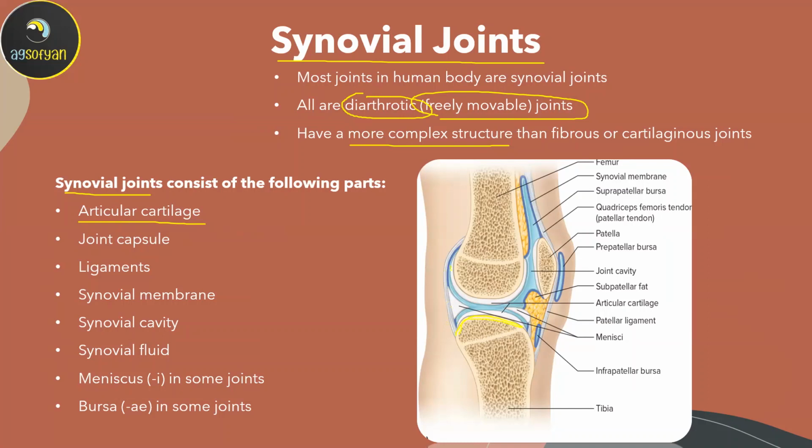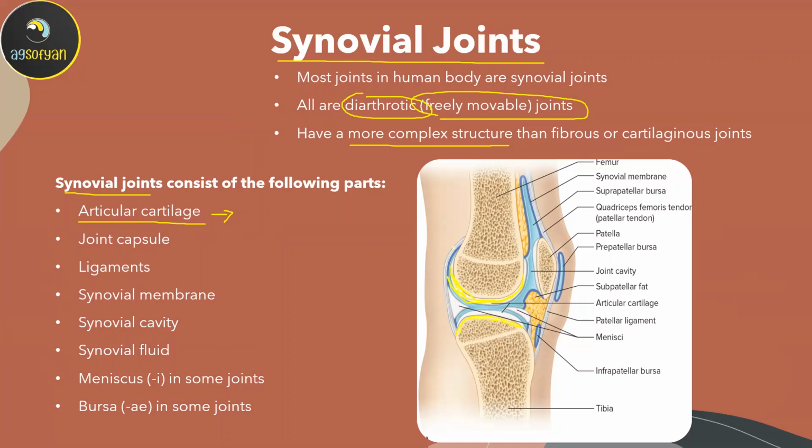So each bone at the end will have cartilage. And because it is located in the articulation, in the joint area, it is called the articular cartilage. What is the function of this one? This articular cartilage will reduce friction between the bones during movement.